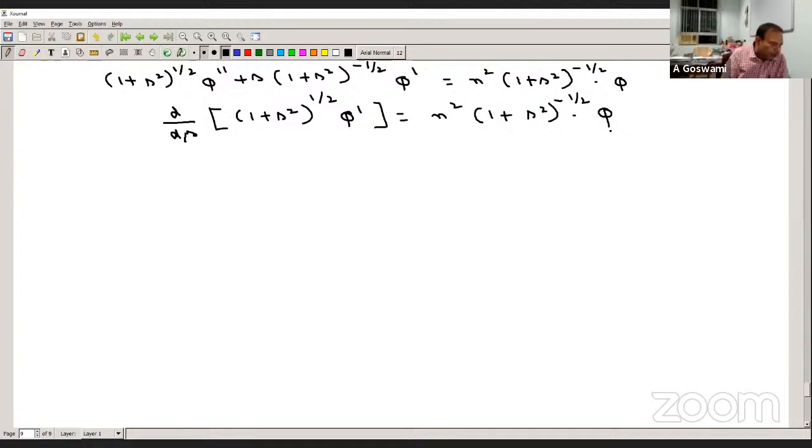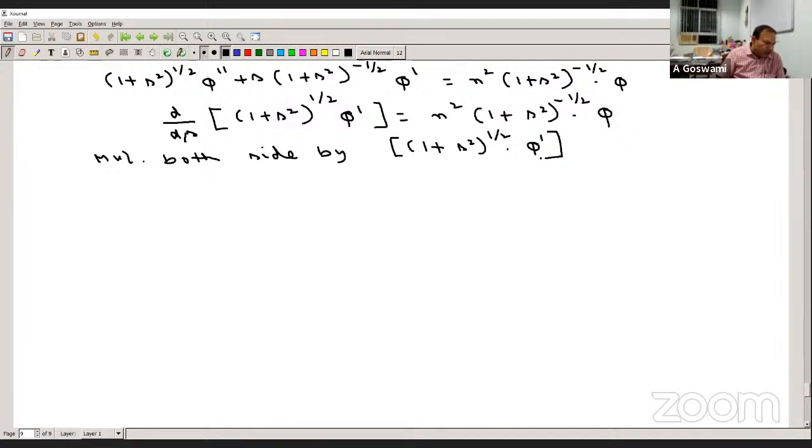Now if you multiply both sides by (1 + s^2)^(1/2) φ', then you will obtain (1 + s^2)^(1/2) φ' into d/ds of this equals n^2 φ φ', because this term will be vanishing.